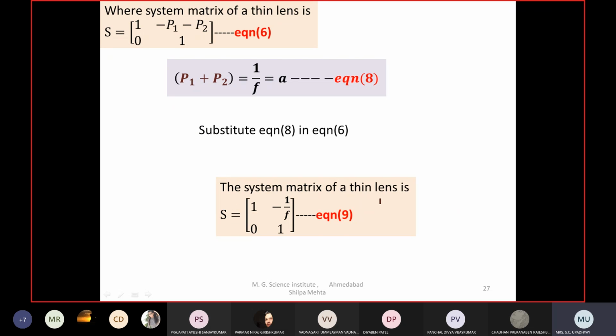So the system matrix of any thin lens can be obtained just by knowing the focal length. If the focal length is known, we can find the system matrix of the thin lens.